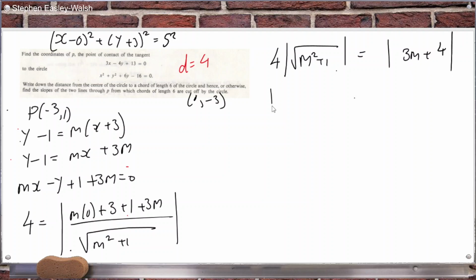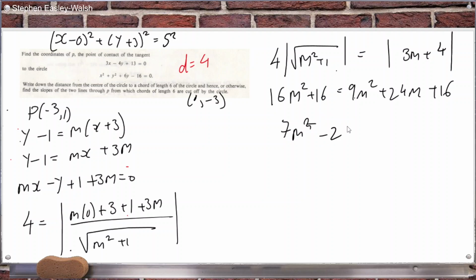Now I'll square. That's 16m squared plus 16 equals 9m squared plus 24m plus 16. And now here comes the quadratic. So that's 7m squared minus 24m.